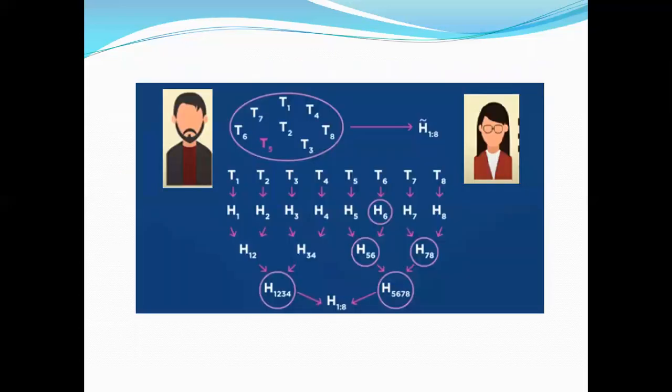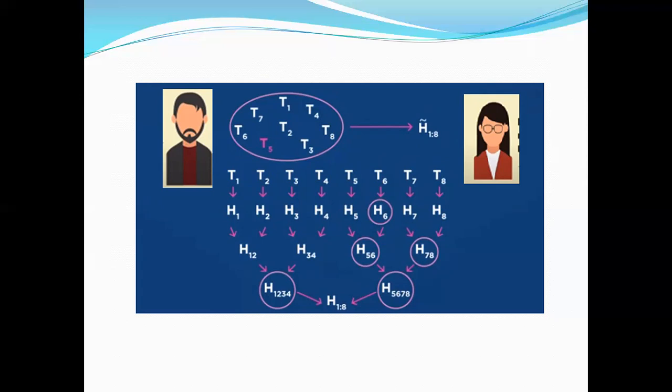Imagine Bob wanted to know whether his transaction T5 was included in Alice's block. He would have to collect all other transactions that were included in Alice's block and hash them to compare his result to the value representing the transactions in Alice's block.